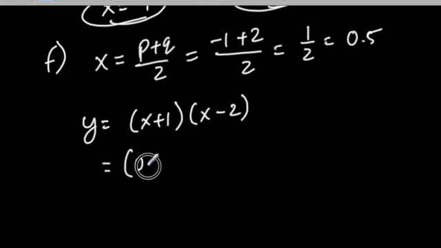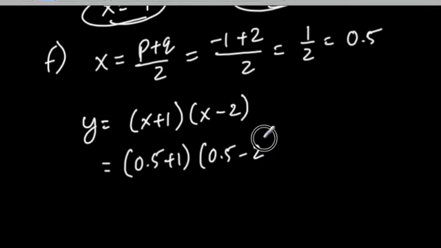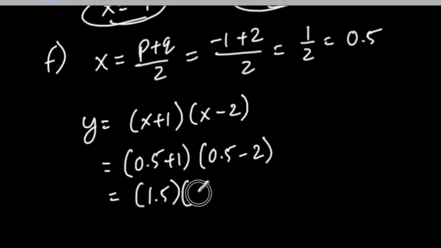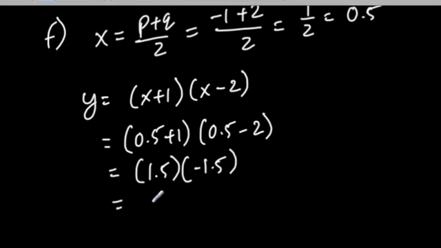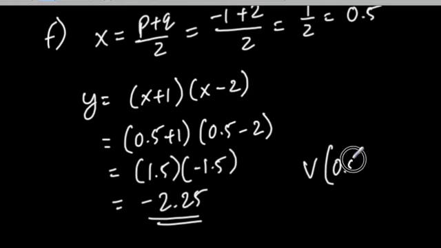In other words, it's 0.5 plus 1 and 0.5 minus 2. This gives us 1.5, this gives us negative 1.5, and this is going to be negative 2.25. So our vertex is simply 0.5 and negative 2.25.